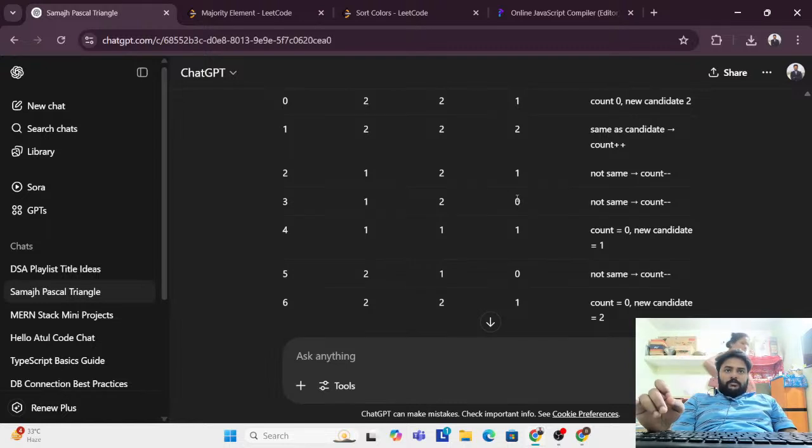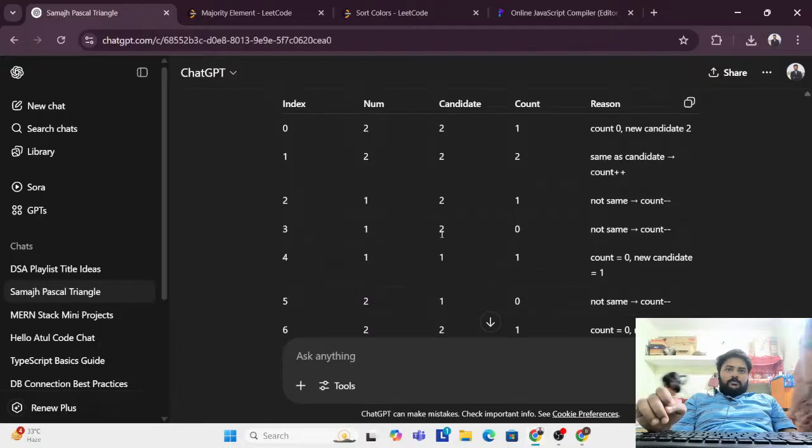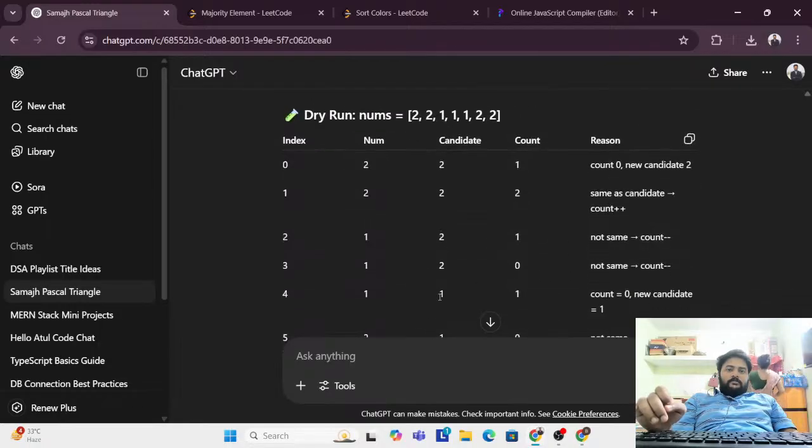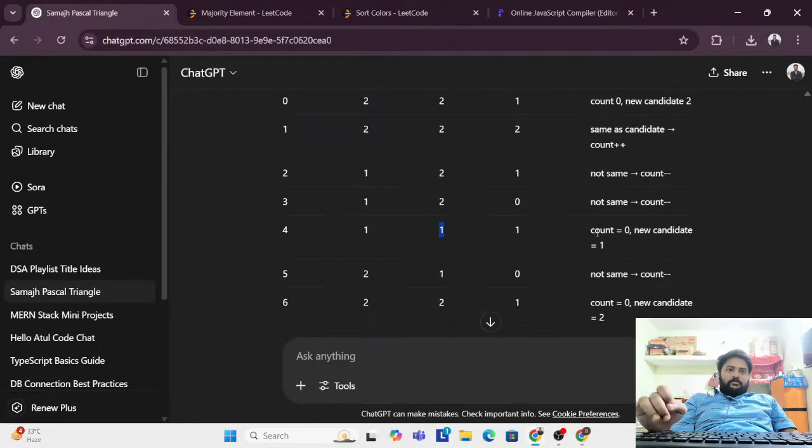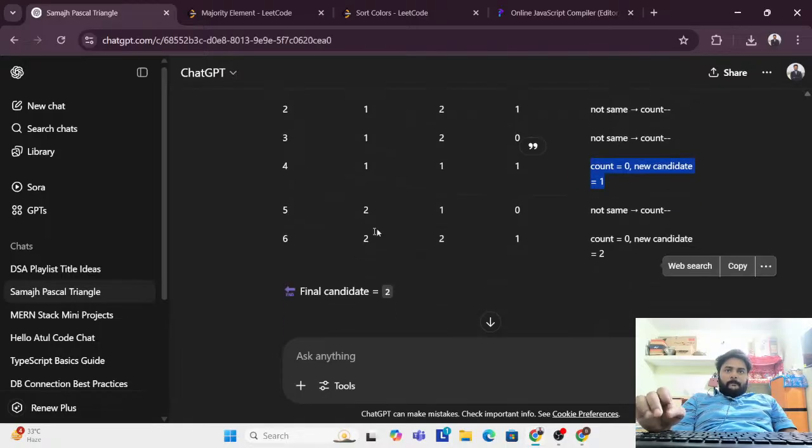Total count here is 0, so we increase the count, and the candidate is 1, so the count is 1. Now the new candidate becomes 1. So now if we see 2 and the previous candidate was 1.